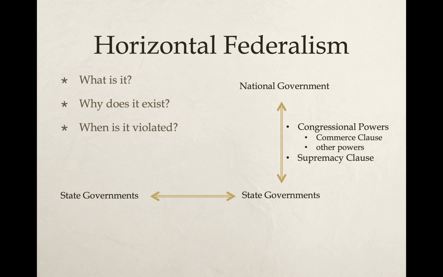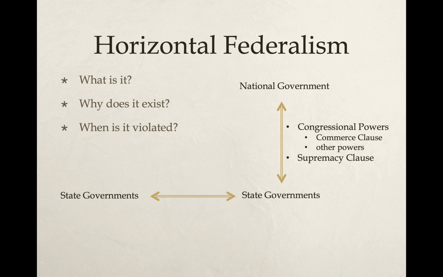So if the national government is supreme within its sphere, the state governments are never supreme over each other. Instead, they have this co-equal relationship. So how do we make sure that the state governments don't interfere with each other? Right? That is the basic point of this idea of horizontal federalism, making sure that the states don't interfere with the rights of other states.